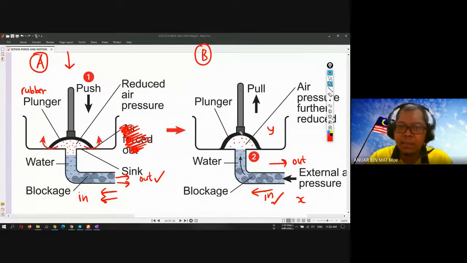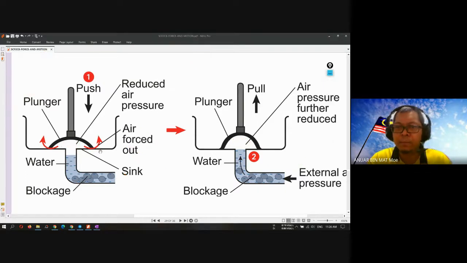And then at B, when you pull up the plunger, the air pressure inside the plunger goes lower, so the blockage will try to go in. If you use both actions, push and pull, and try it a few times, the blockage will release. Make sure you understand this. Okay, that is number one.